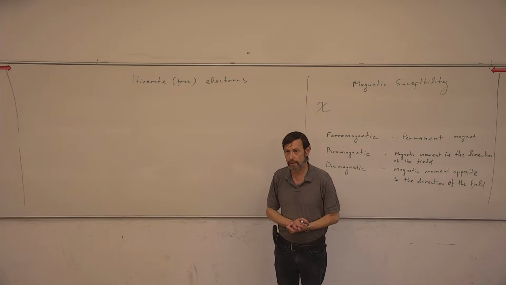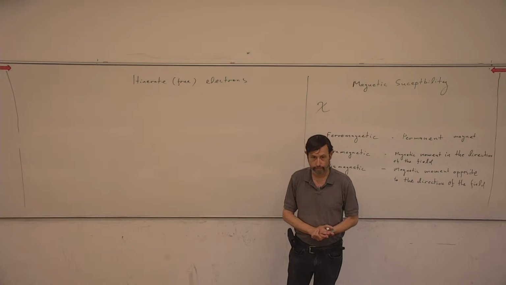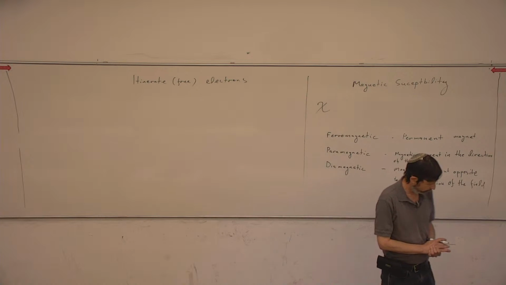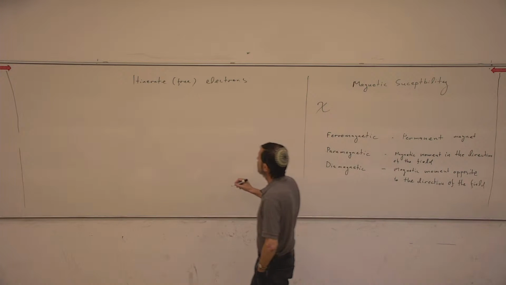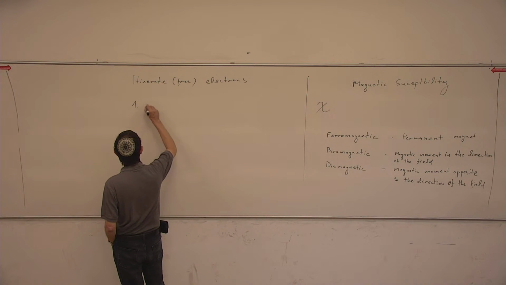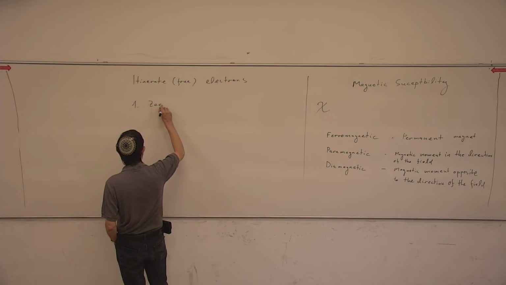The first is the spin of the electron. And this is known as the Zeeman effect.